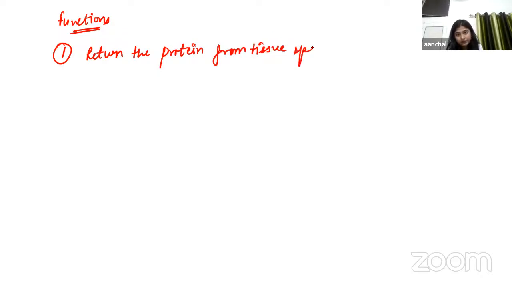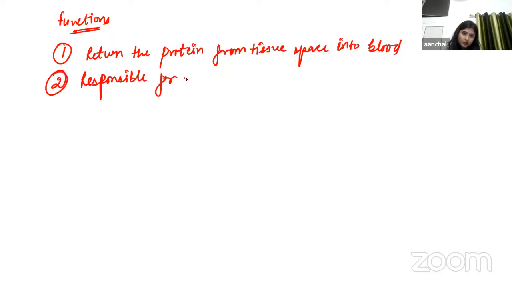What is the function of lymph? The first function is to return the protein from the tissue space into the blood. Then the next function is that it is responsible for redistribution of fluid in the body.